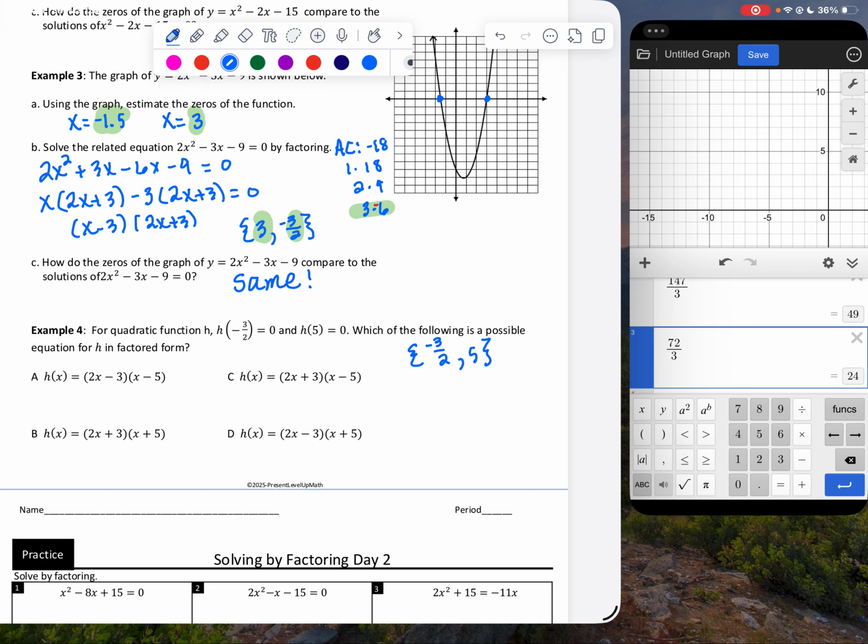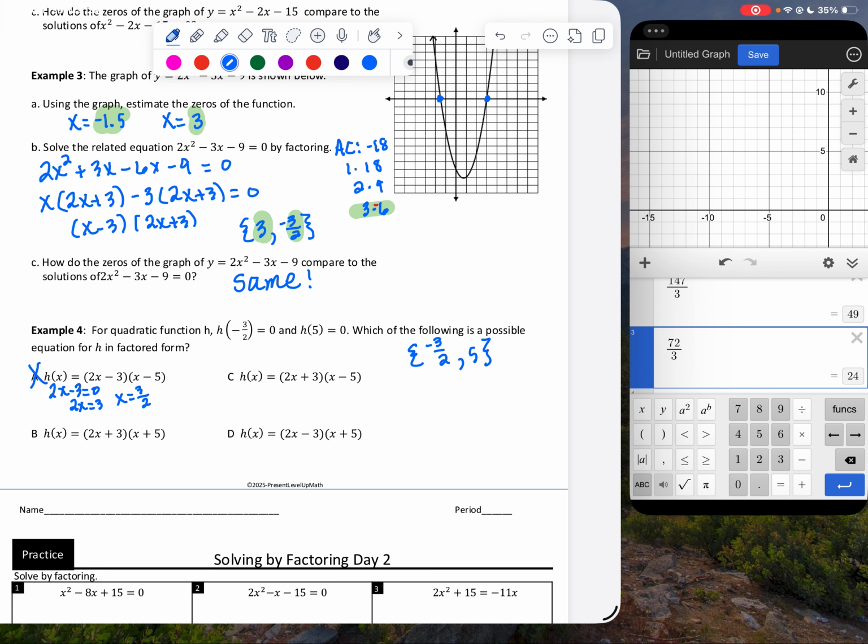So for problem A, we have linear factors of 2x minus 3 and x minus 5. So if I take that first one and make it equal to 0, I would add 3, and I would get positive 3 over 2. I wanted negative 3 over 2, so I know A is not the answer.